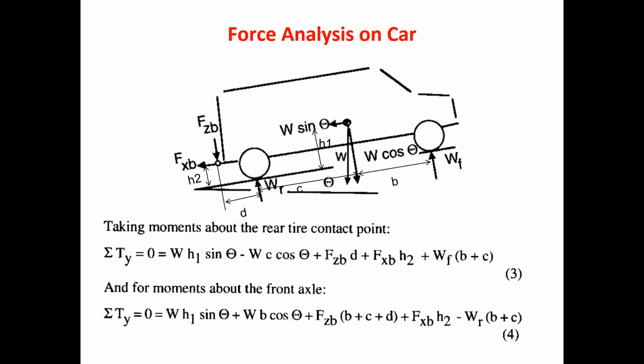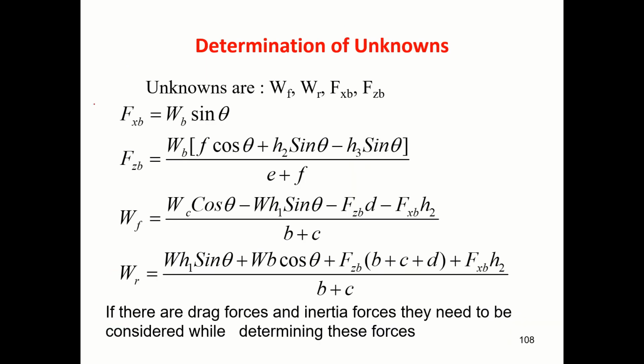Similarly, force analysis for the car, if I do it, again moments if you take, I don't think I have to repeat again and again. You get these two. Now I have got 4 equations. And I have to find the load on the front wheel of the car, rear wheel, hitch reactions, hitch forces. From those 4 equations, I will get the Fxp value, Fzb value, Wf and Wr.